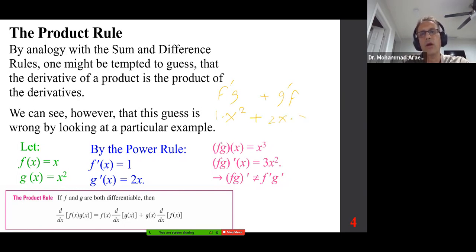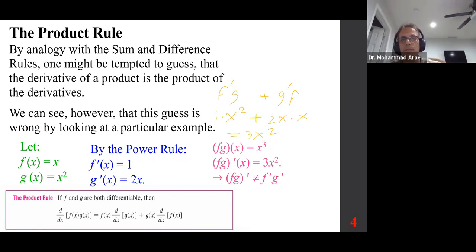And then f is x. I hope you see this is x squared plus 2x squared, or 3x squared. And as you see by the power rule, the derivative is such, and that works. So in other words, the formula works.